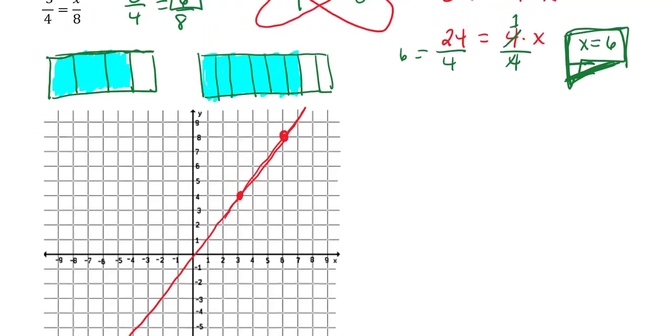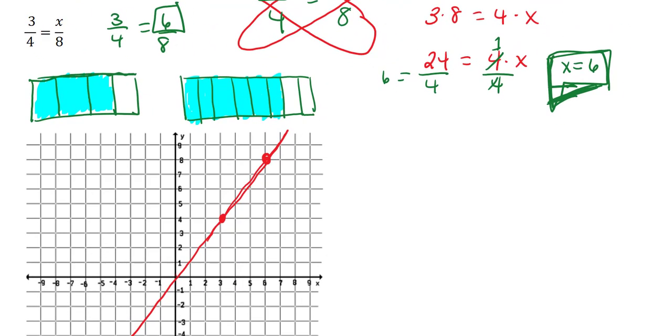Both of these, with the origin, would have the same slope. If you were to draw this point, it would keep going and hit this other point. This point with the origin creates the same slope, which is a really important concept. And that's how graphing is related to proportions.